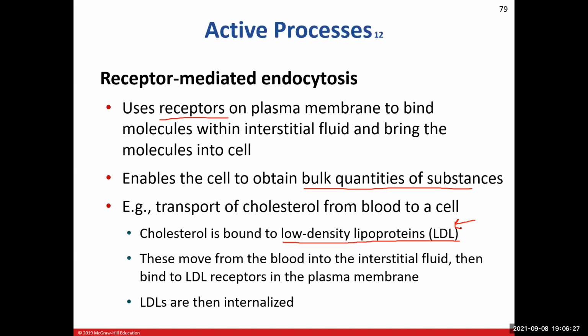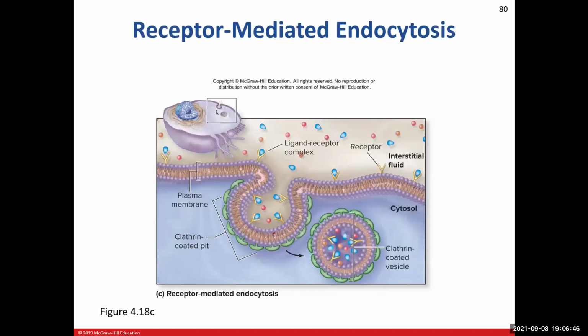And so they'll bond with the receptors. When that happens, we've captured the low density lipoprotein with its cholesterol attached to it. And then the cell will actually suck the whole thing inside. I'll show you a picture here.